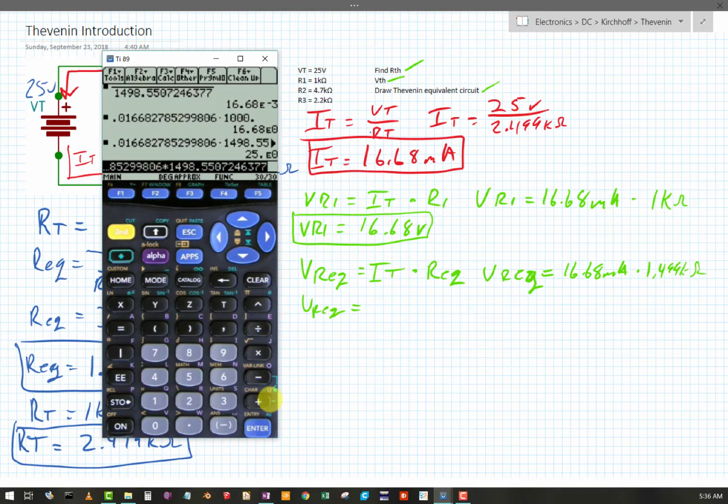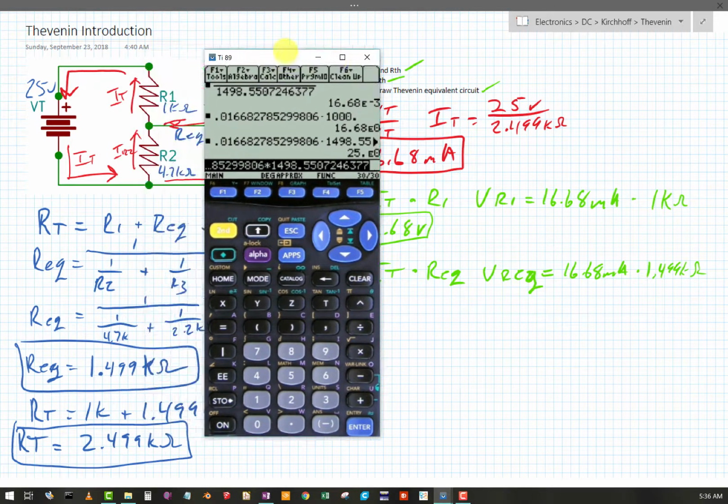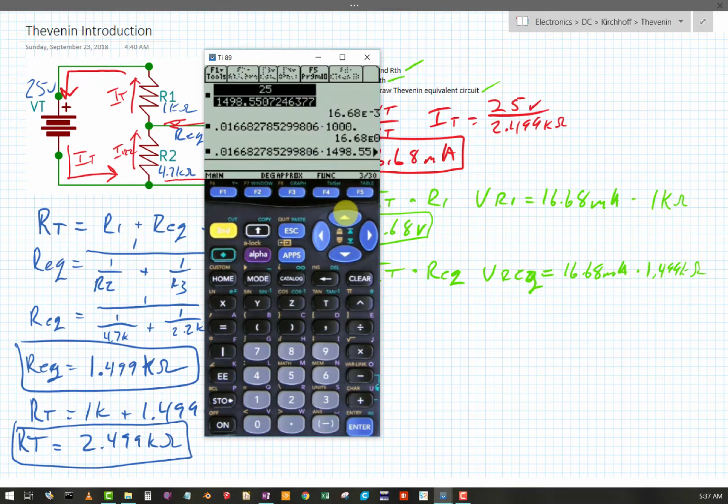Less rounded. Oh boy, that is not my number that I wanted. Oh, what have I done? Oh, I see. I made a mistake. Look at that. I made a mistake.